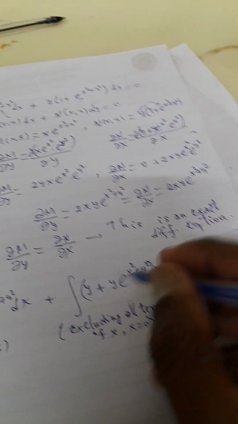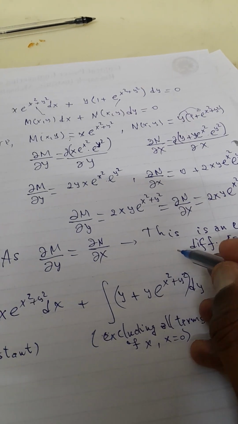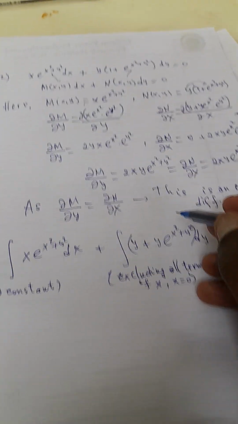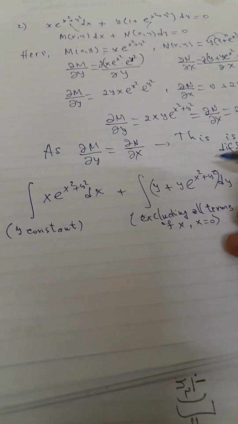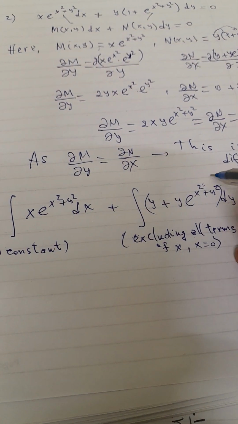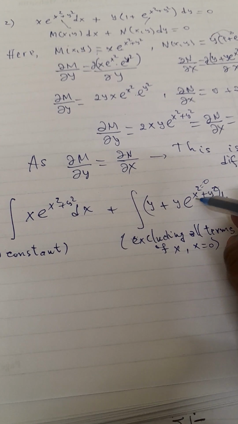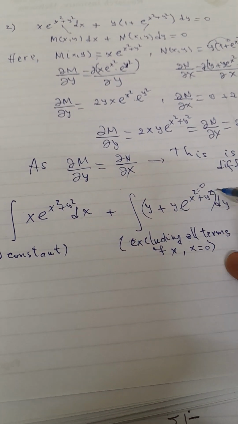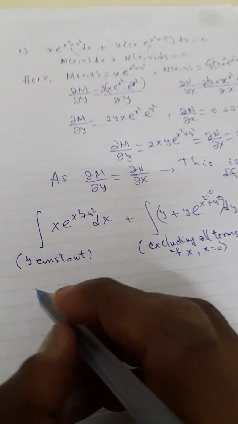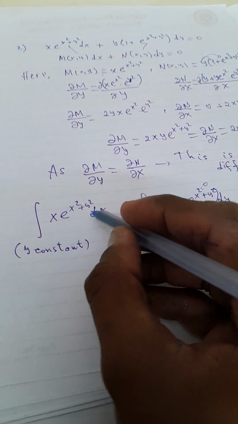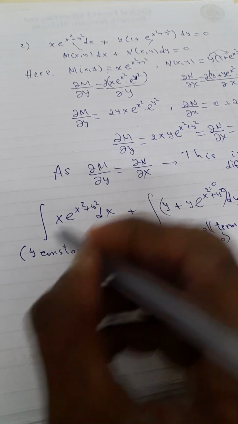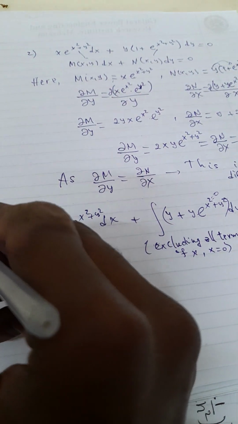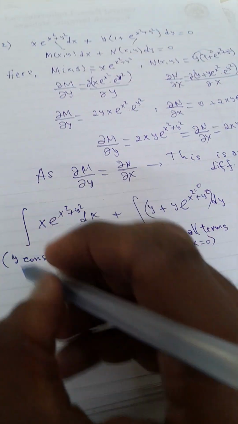Where you find x, you must just reduce x to 0. If you put here x equal to 0, you will remain only with x e raised to y squared. So it can be written in this form. Here y is constant, so you take this y constant out.